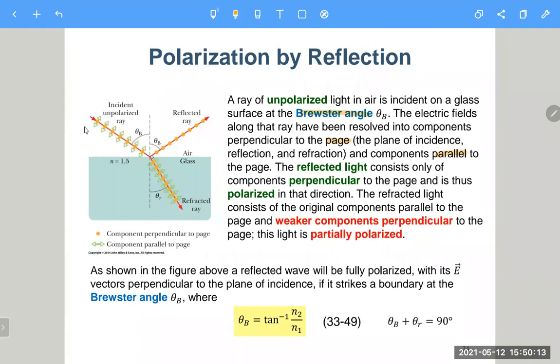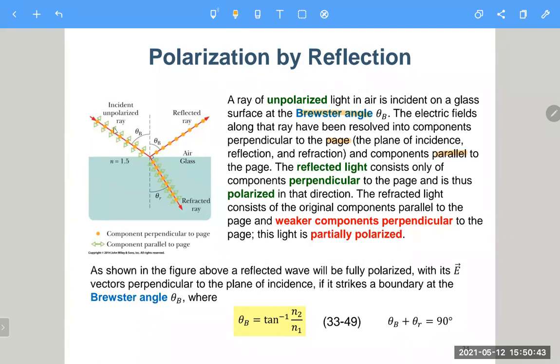As you can see here, this is the incident ray, and we have the page here. This green arrow means the E field parallel to the page, and the orange dot means the E field perpendicular to the page.